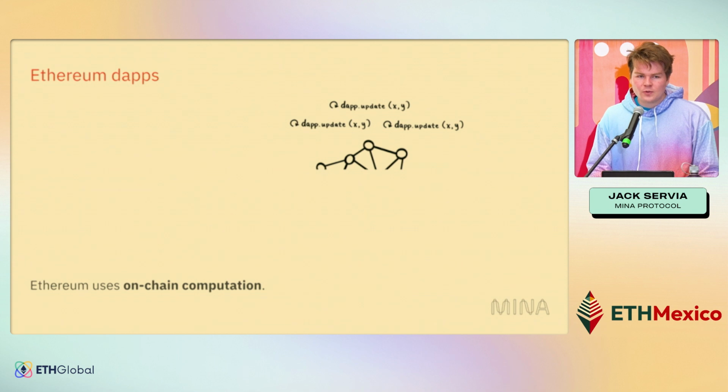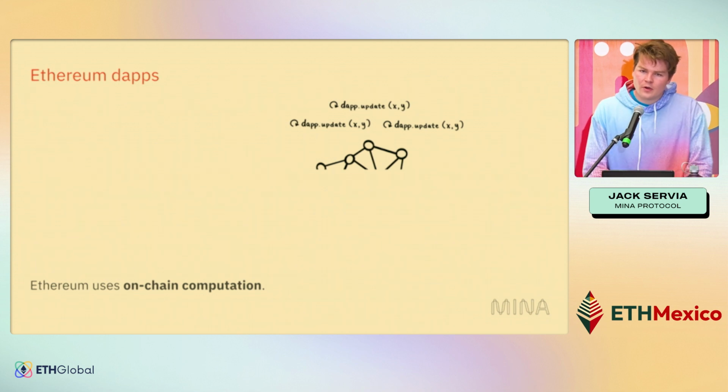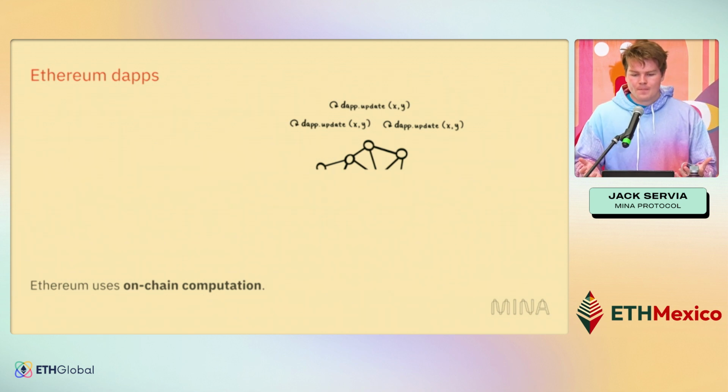So the Mina blockchain stays 22 kilobytes, but applications also work quite differently. On a blockchain like Ethereum, you are sending some sort of request to the Ethereum nodes, which store and run your code, and they all have to do this at once in order to ensure that we're doing it correctly.